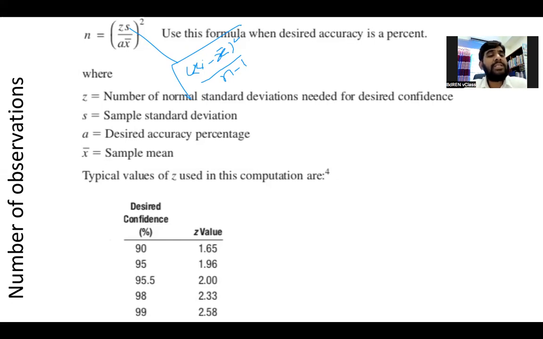So n equals (Z S divided by A X bar) whole square, where A is known as the desired accuracy percentage, or A means desired error. The example will make you more clear. Are you getting what is the number of observations?